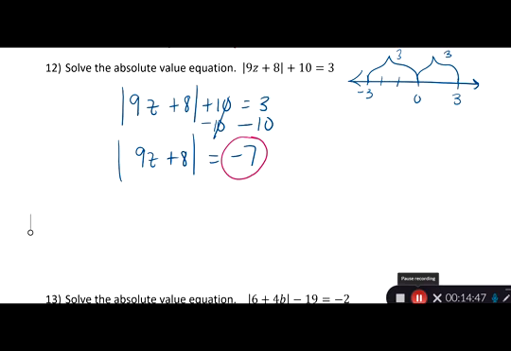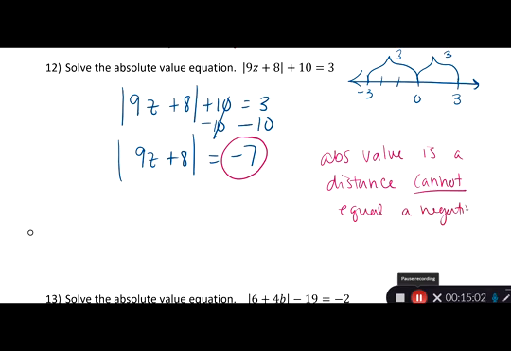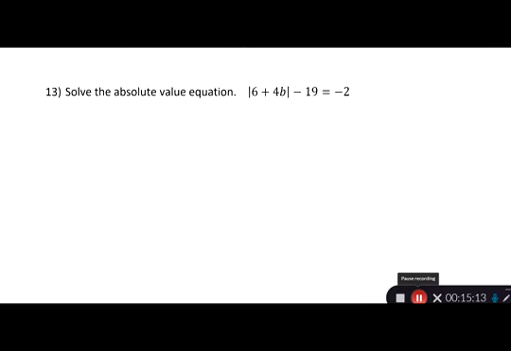An absolute value is a distance, so it cannot equal a negative. So this one would be no solution because we got an absolute value equals a negative number, which is not okay, right?